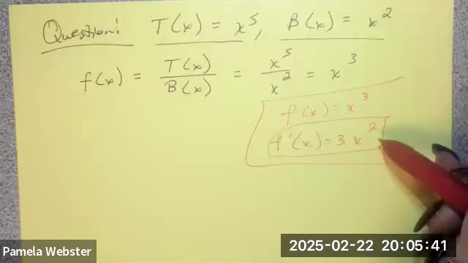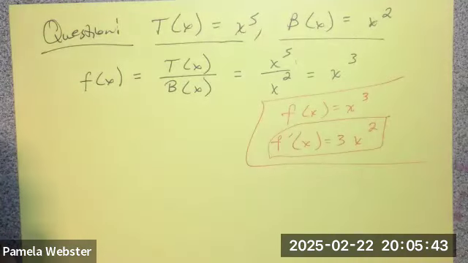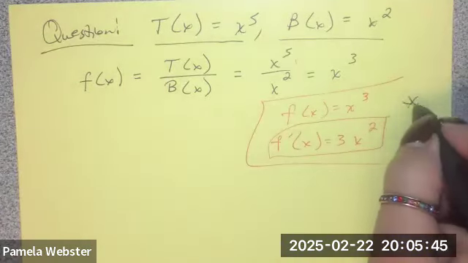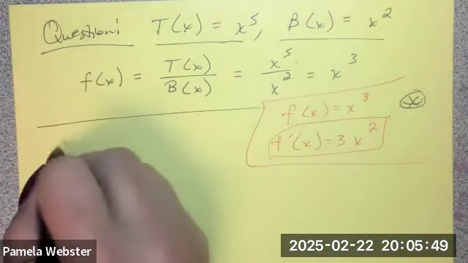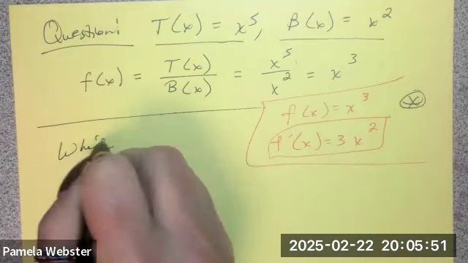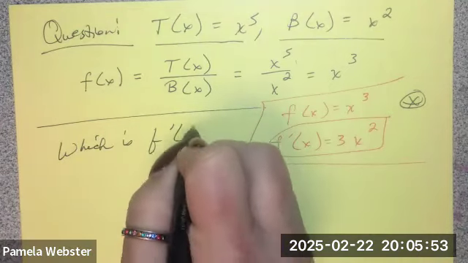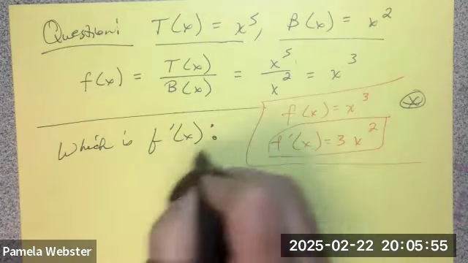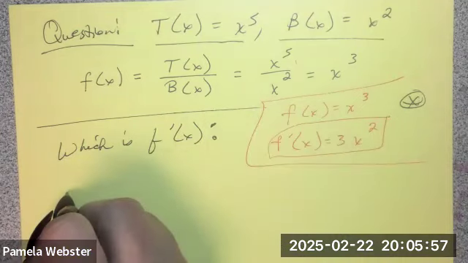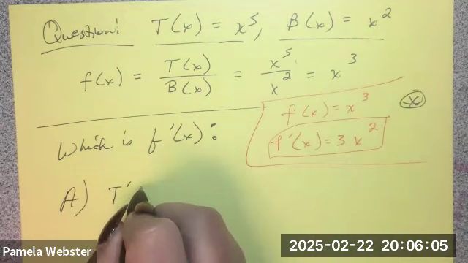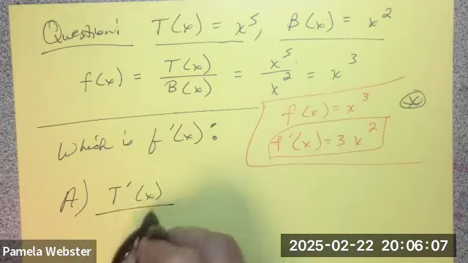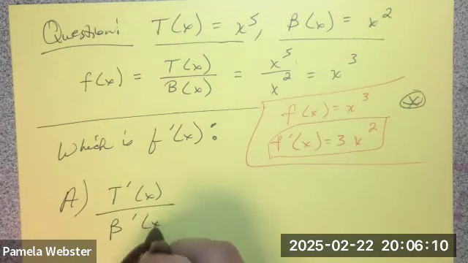So the question is, which of these, if we know we want to get to this, here's what I'm given. That's my setup. Which of these is f prime of x? Okay. And it's going to be similar to the last time. They're going to give me two options and we're just going to work them out and see what happens. So the first one is T prime of x divided by B prime of x.